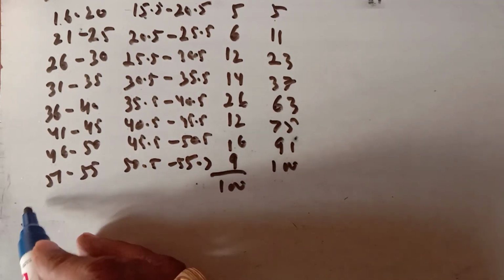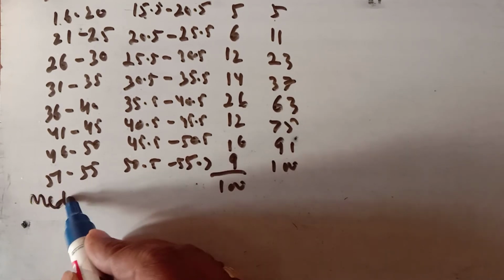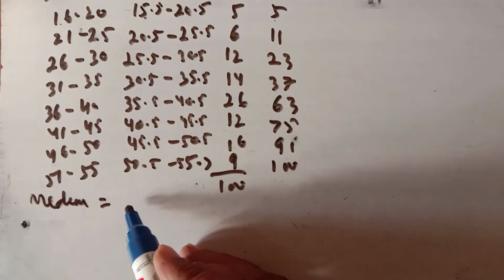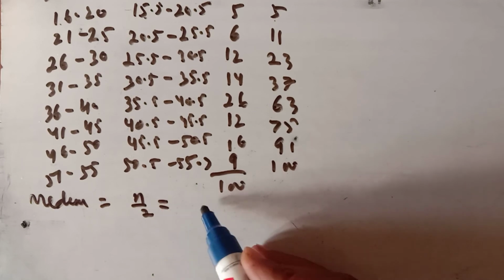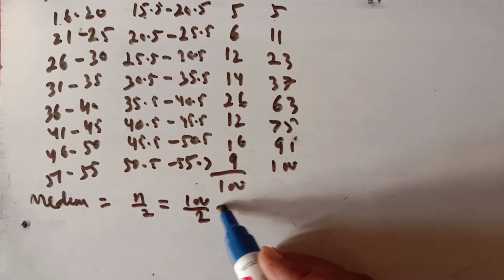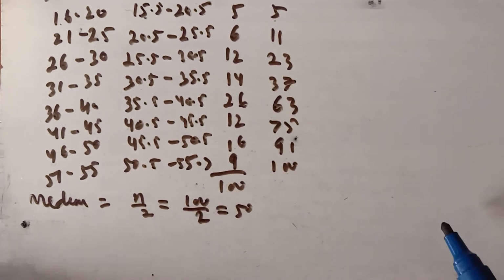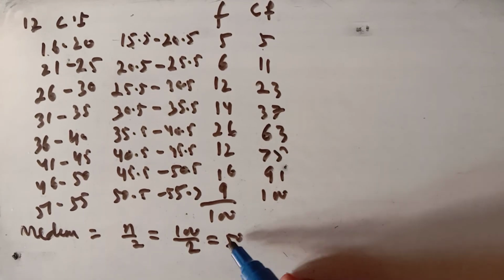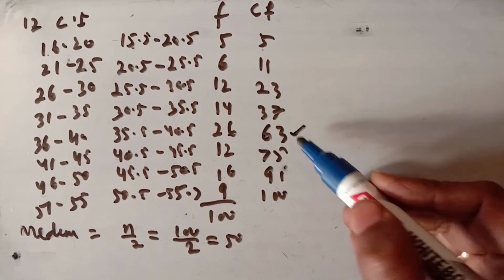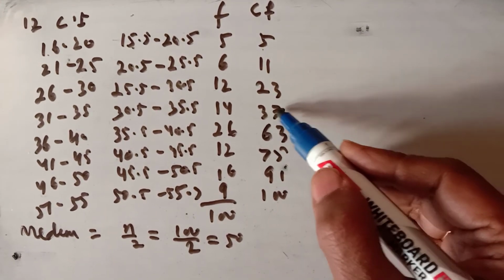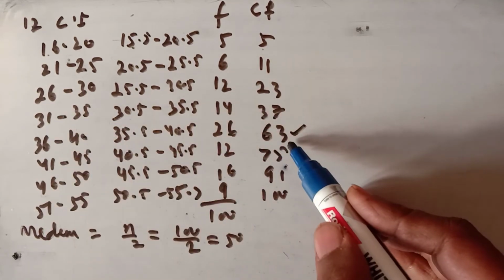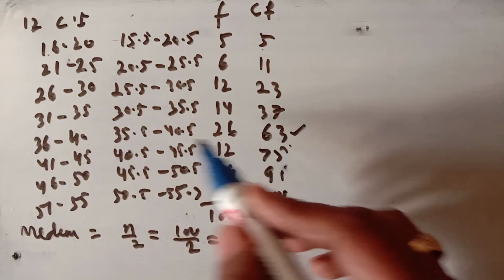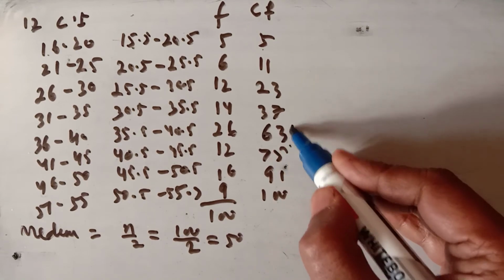Now to find the median, n/2 is 100/2, that is 50, and we will find in which class it lies, which is the median class. So 50 is coming in which class interval? Up to 37 it is this class interval, and from 38 to 63 is this class interval. So this is the median class.